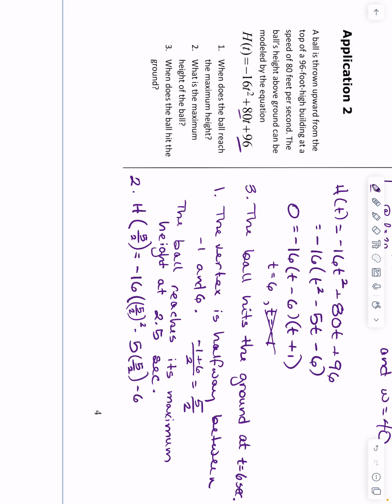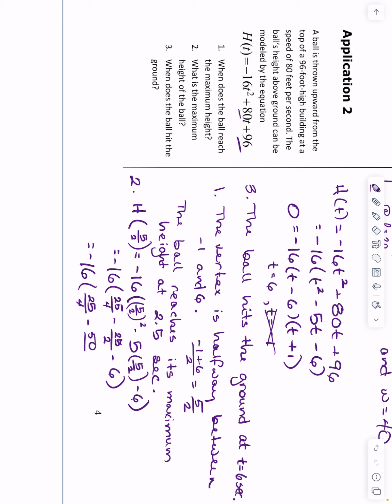But these numbers are smaller, which is going to make my life easier. I get -16. When I square 5/2, I get 25/4. When I multiply 5 times 5/2, I get 25/2. Can you do this with the decimal? Sure. I just don't happen to have a calculator handy.